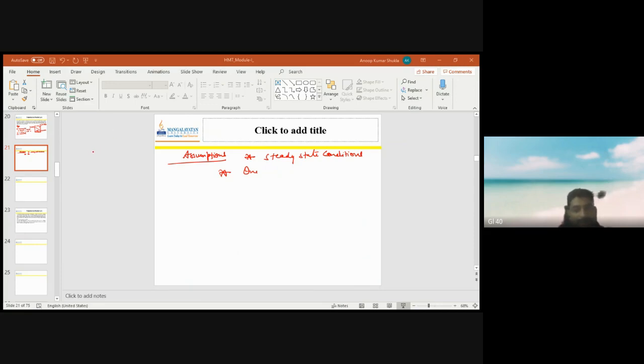So readily outward we can find out, 2 pi L is the perimeter, and integral of dR upon R from R1 to R2, and this is equal to minus K into the change in temperature from T1 to T2.